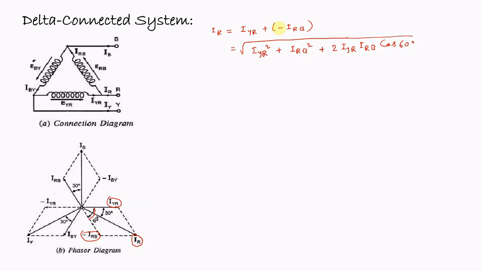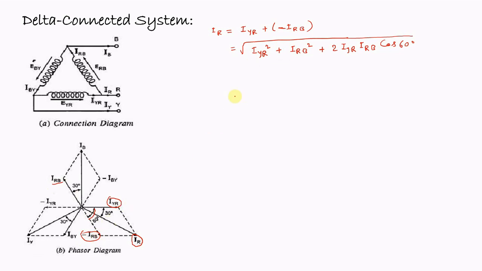Remember here the minus sign does not mean the value is negative. The minus sign indicates the phasor is in the reverse direction. This is the positive direction of the IR. So this is the reverse or the opposite direction of the IRB.